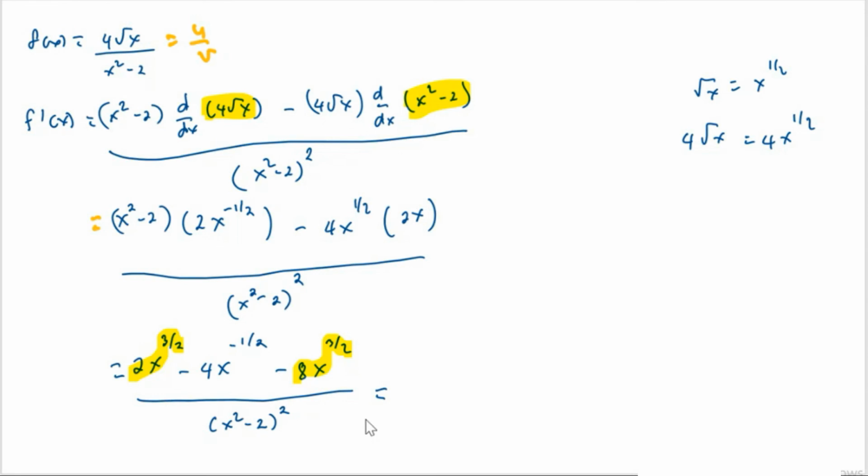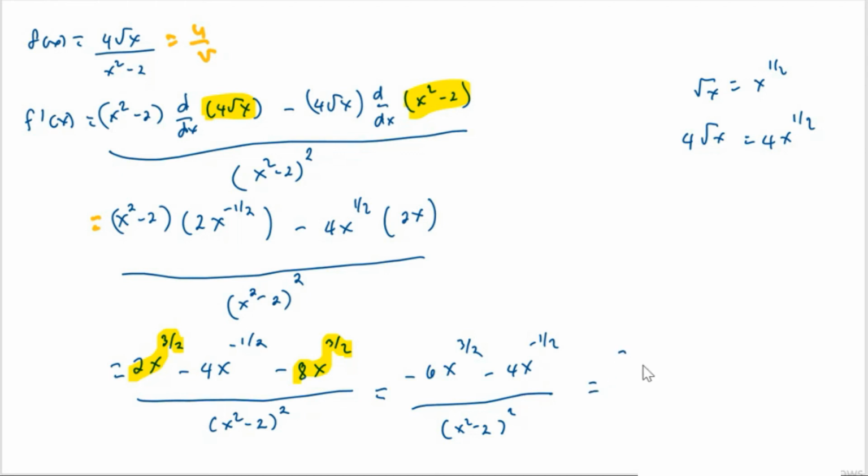So we have 2 minus 8 is negative 6. So negative 6 of x to the power of 3/2 minus 4x to the power of negative 1/2, all over the square of x squared minus 2. Or you can stop your answer here even without writing into positive exponents. But if you want, you can write in this form.